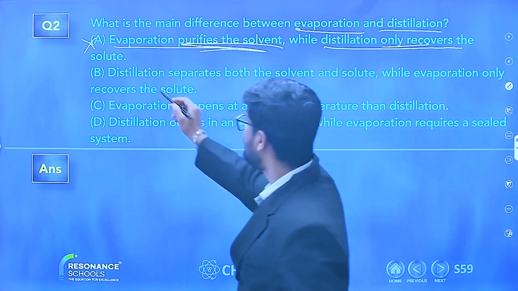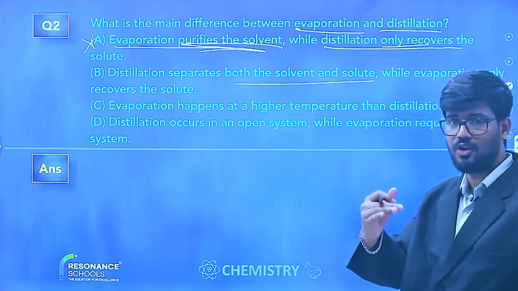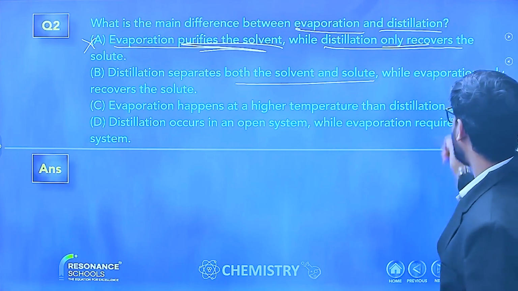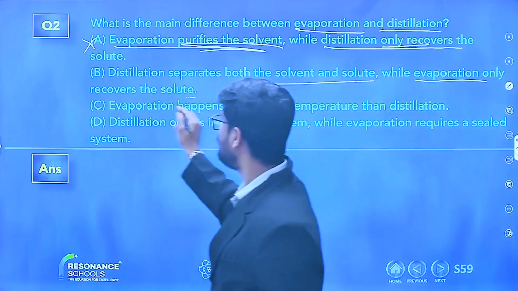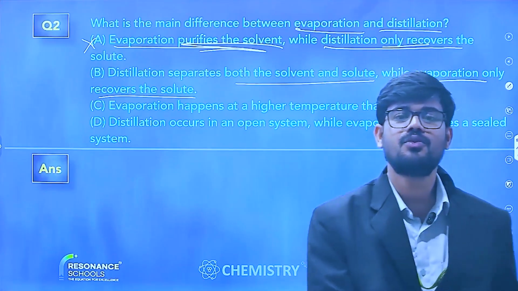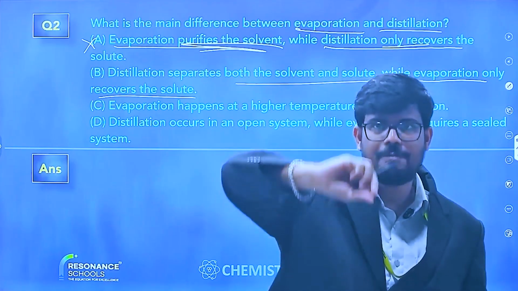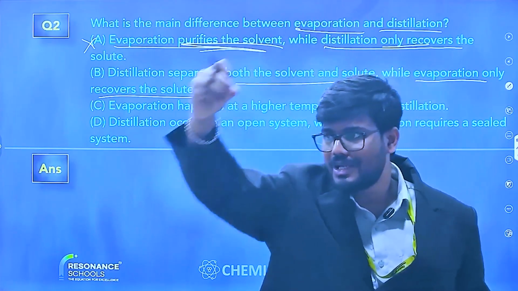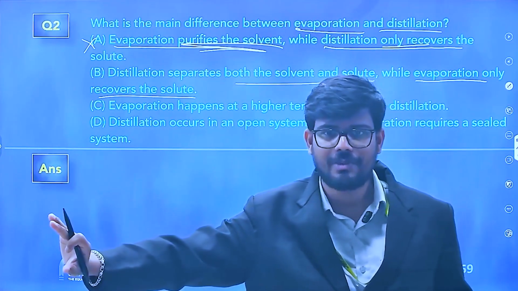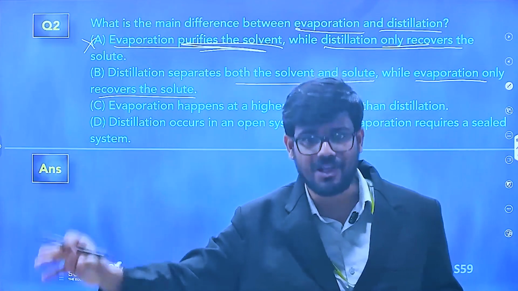Next, distillation separates both the solvent and solute, while evaporation only recovers the solute. Correct? Like salt water, you can separate. Yes, this is a correct statement. Why? If you follow the distillation process, then all the liquid part will be vapor, and you are collecting that vapor in the form of liquid.